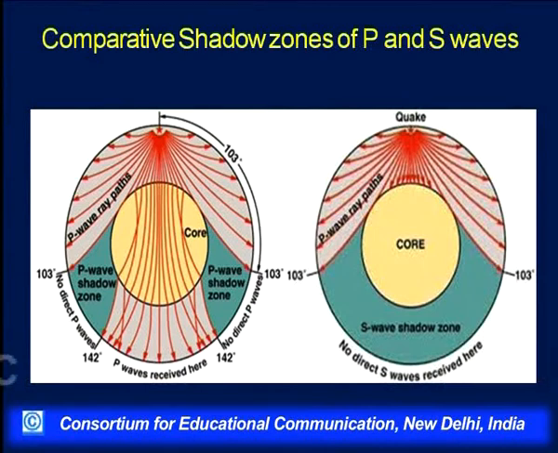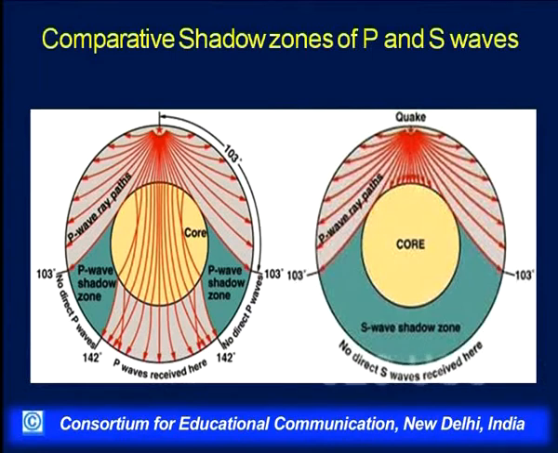In the other diagram, this is the shadow zone of the S waves. One can see that beyond 103 degrees they do not reappear, for the simple reason that they are not able to enter the core, as the core, the outer core especially, is liquid.